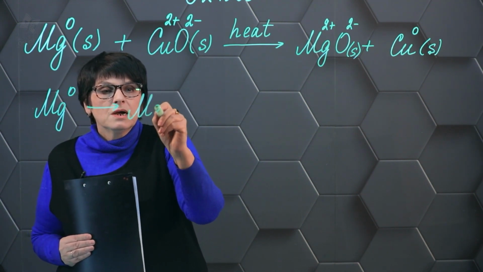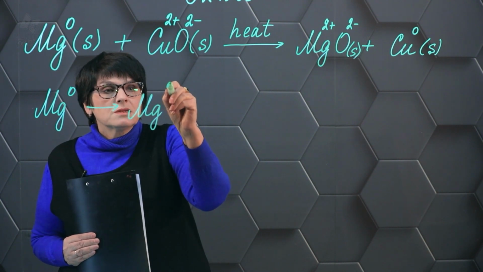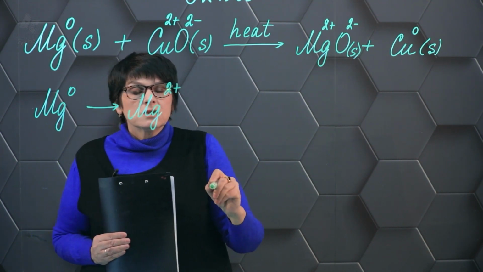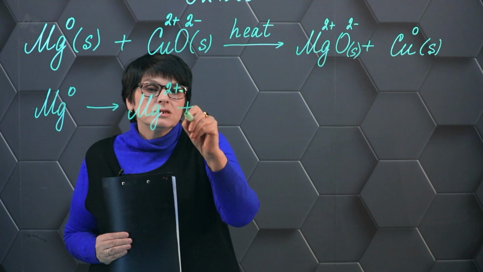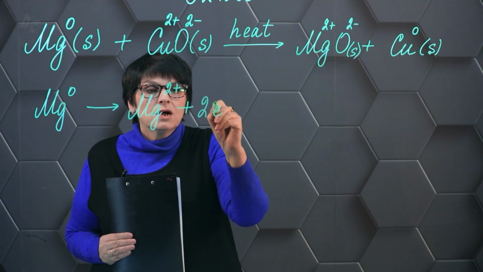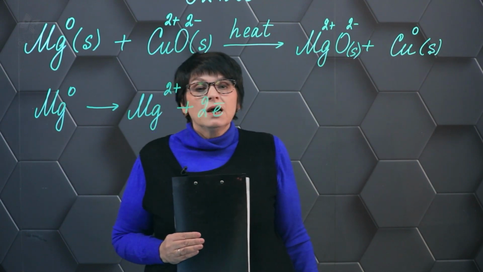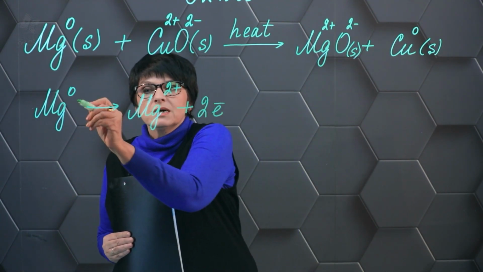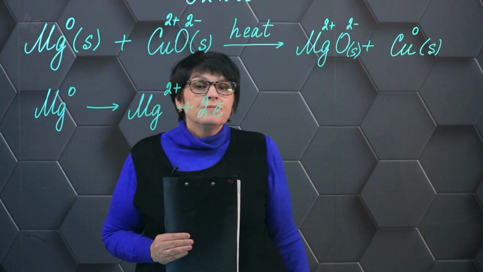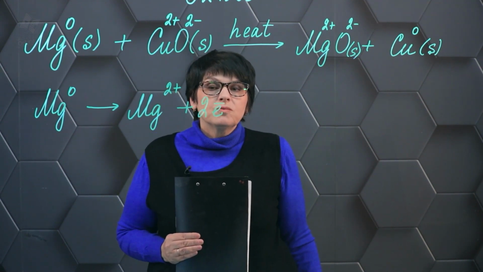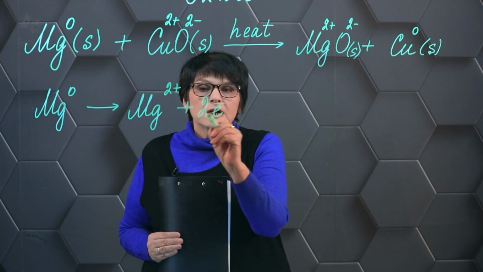It goes into the ionic state and will give up 2 electrons. But I have already explained in the previous lesson that the record of giving up electrons is not shown on the left side. The record is not accepted to show it, but it is written exactly like this.